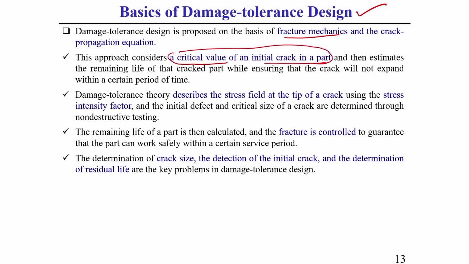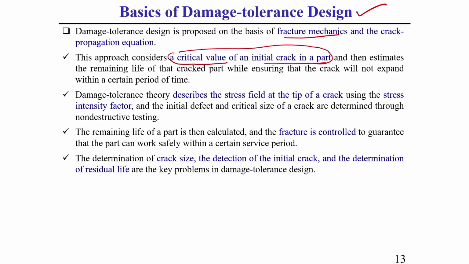Initially we need to consider a critical value of an initial crack in a part, then estimate the remaining life. In this remaining life, the crack should not expand, this you should keep in mind. That means the crack will remain as it is.